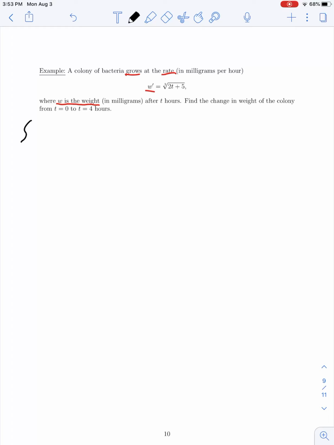So here we would be looking at the integral over our time interval, in this case from time 0 to 4, of our rate of change function, the cube root of 2t plus 5, dt. And for ease of notation, recall that the cube root of a function is the same as taking that function to the 1/3 power. So here, this is really 2t plus 5 to the 1/3.